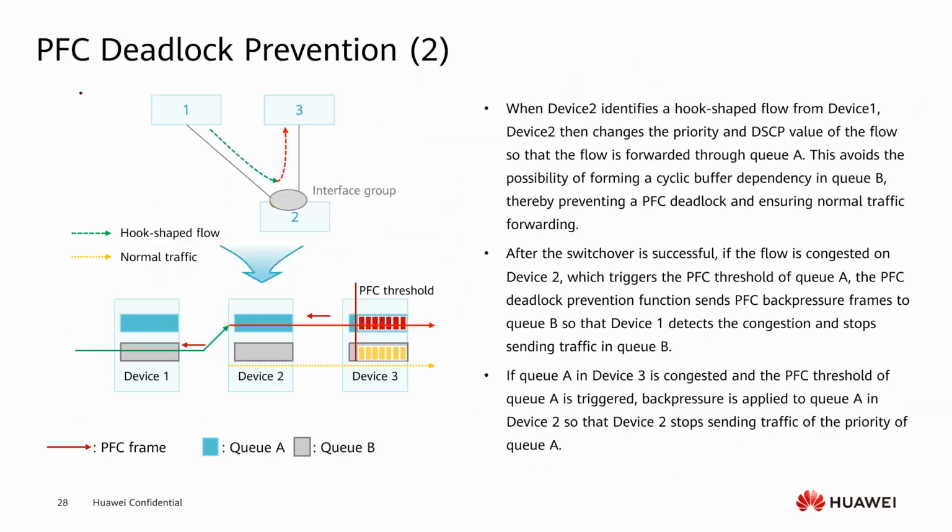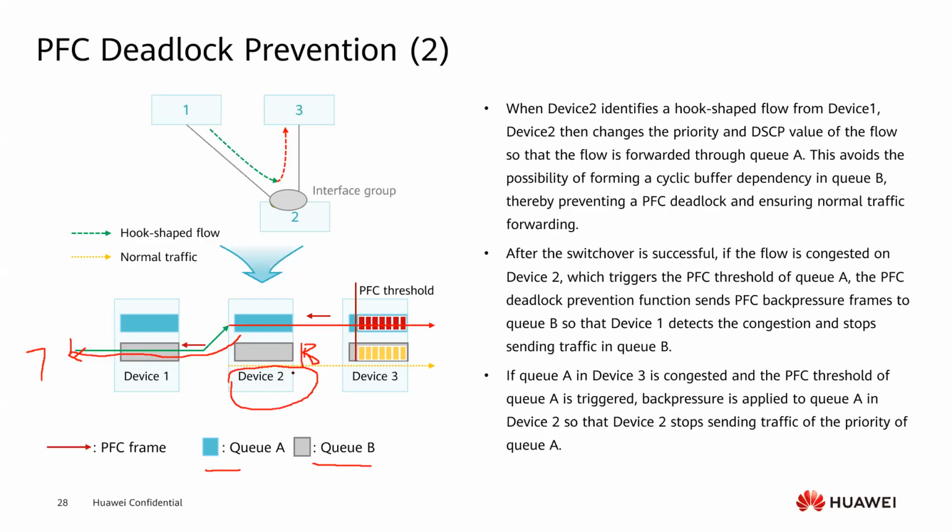How does it prevent? Let's see it this way. It will change the priority on the middle device. We can see here we have two queues, queue A and queue B. The packet from device 1 to device 2 is in queue B, and maybe its priority is 7.